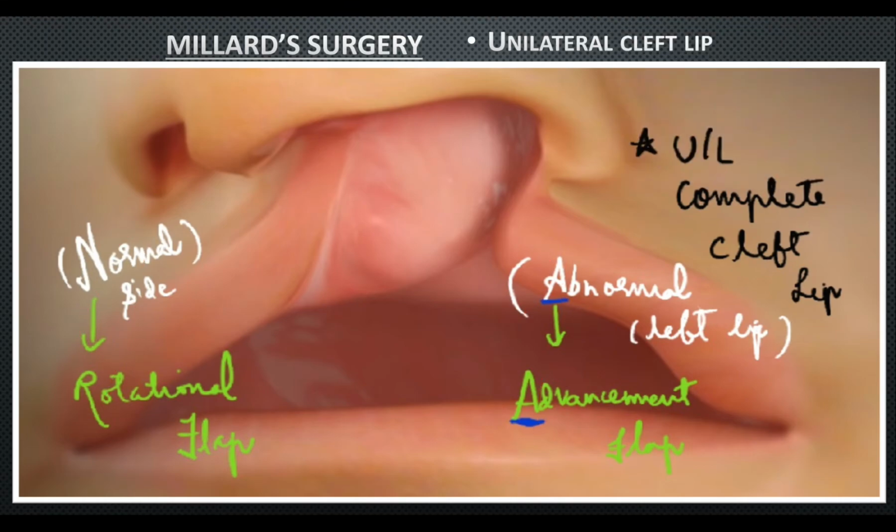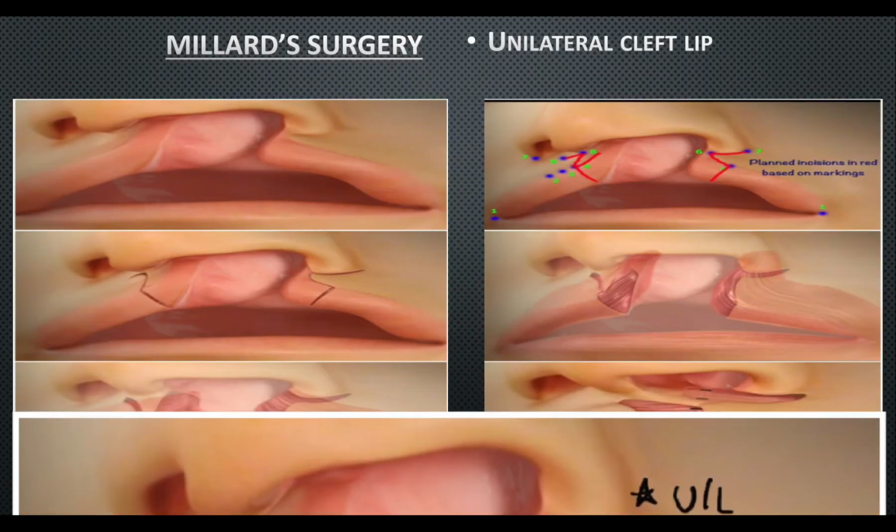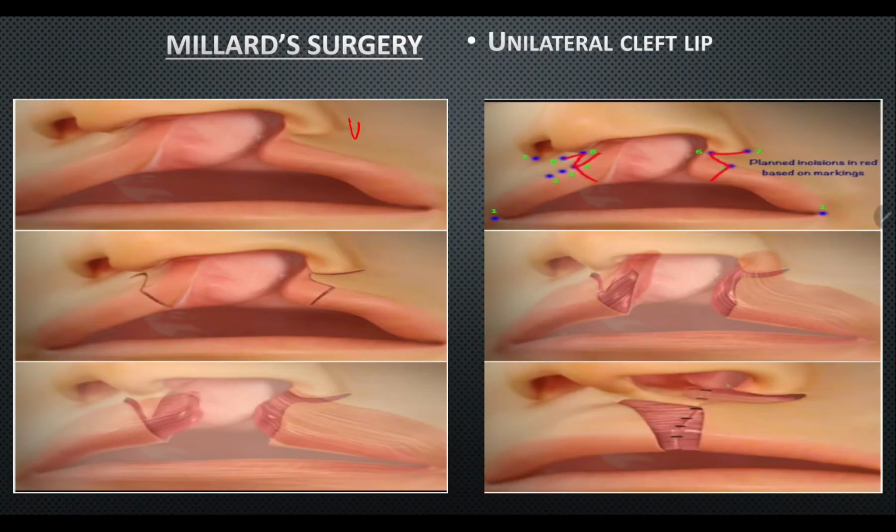To make it more simple, this is actually a unilateral complete cleft lip. Why I say complete cleft lip is the cleft is extending to the nostril unilaterally. Our surgery is Millard surgery. In Millard surgery we are going to give 9 points.